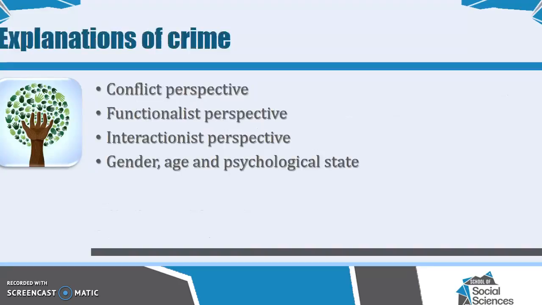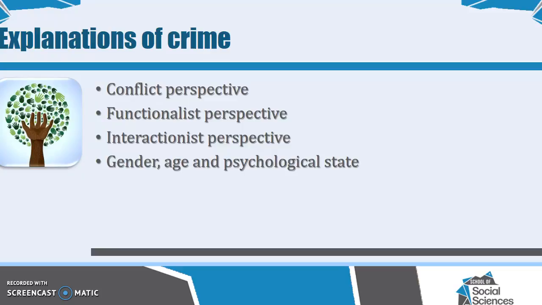There are different explanations of crime. We're going to revisit the three major sociological perspectives that we would have done in Unit 1, and also applied in the previous units. We're going to look at the conflict perspective on crime, the functionalist perspective, and the interactionist perspective.